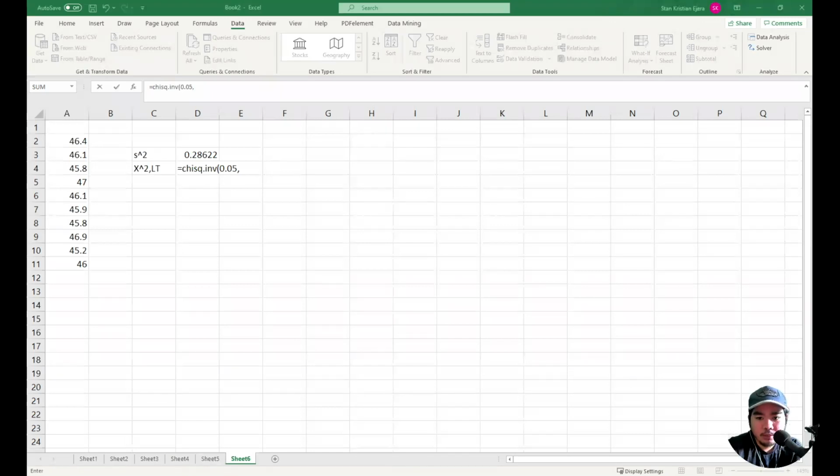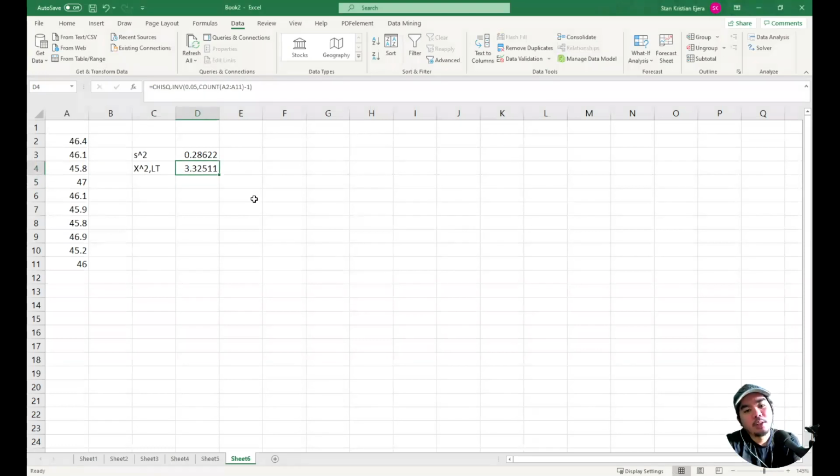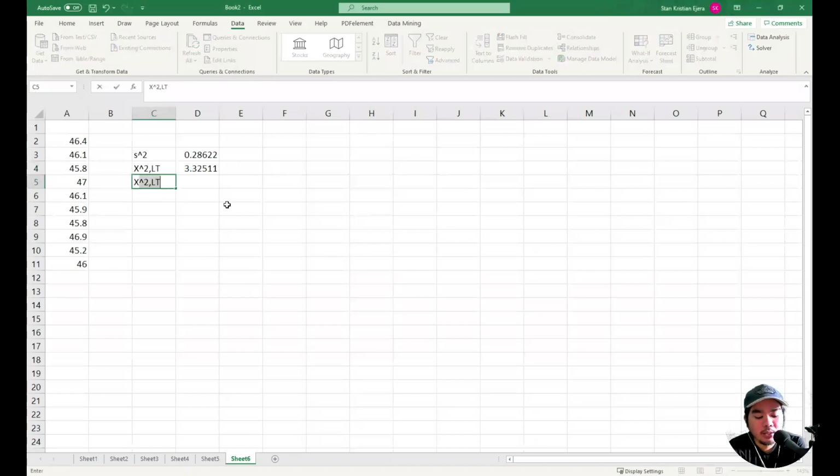Ba't nawala? Wait lang. Okay, nandito na ito. N minus 1 which is just count. Hindi ko alam kung ilan values to. So count minus 1. So I get 3.325. Okay. Now if I get chi squared RT, that is equal to chi squared .inv.rt.